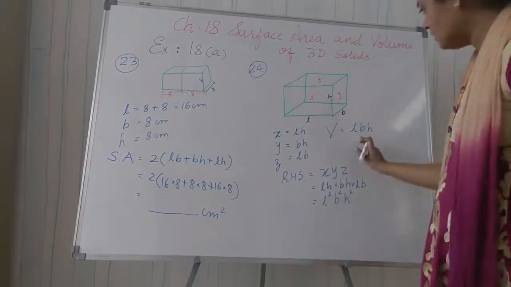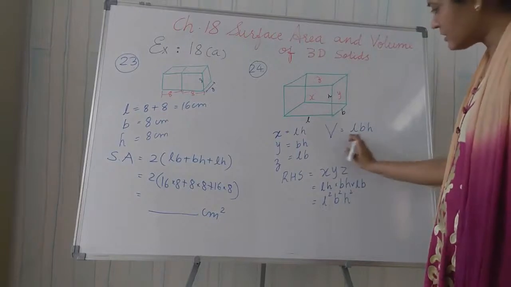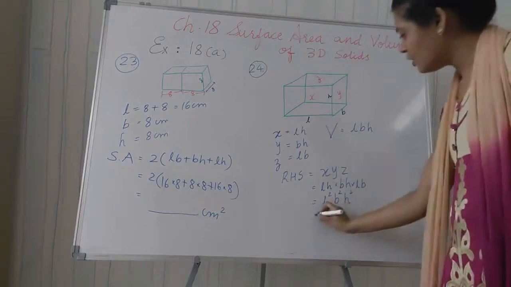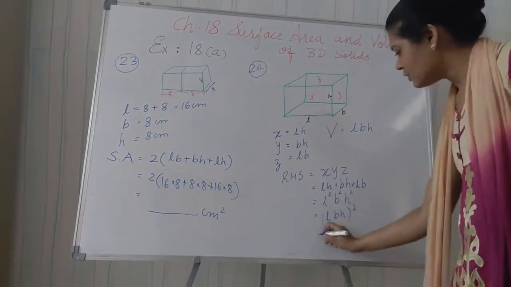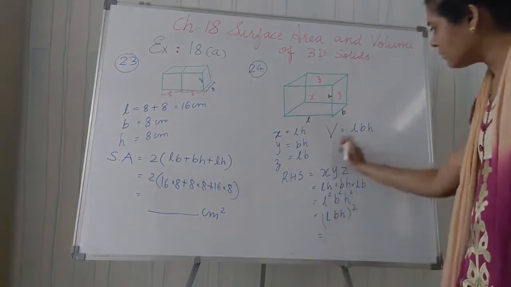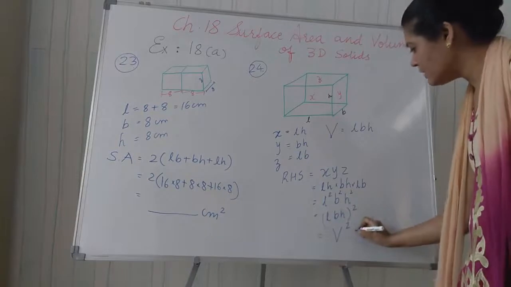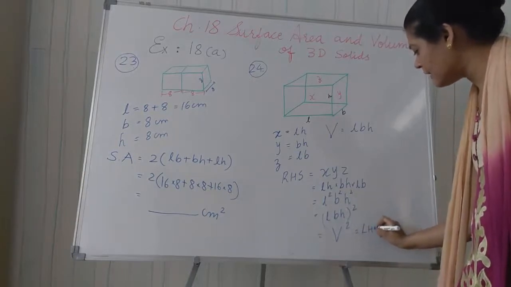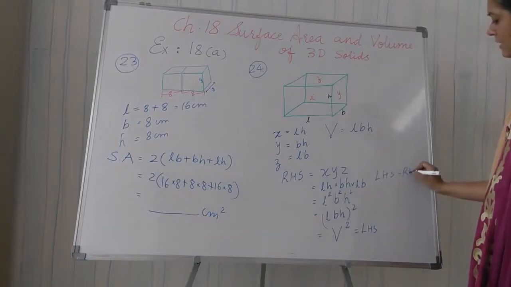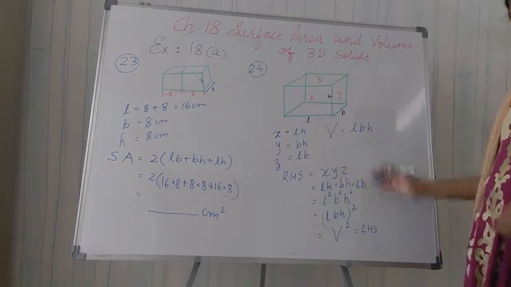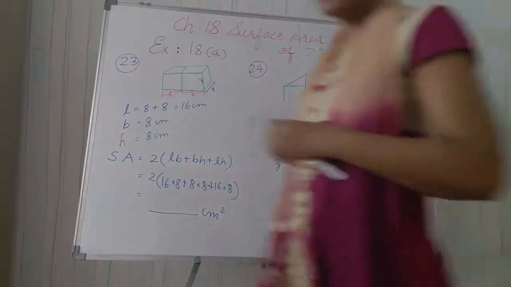But LBH is the formula for the volume, so LBH whole square. Now LBH is nothing but V, so it becomes V square, that is our left hand side. So here we have proved LHS is equal to RHS. So we have completed what they asked to prove in this way.